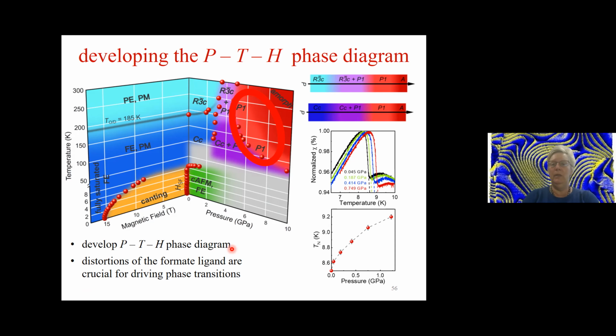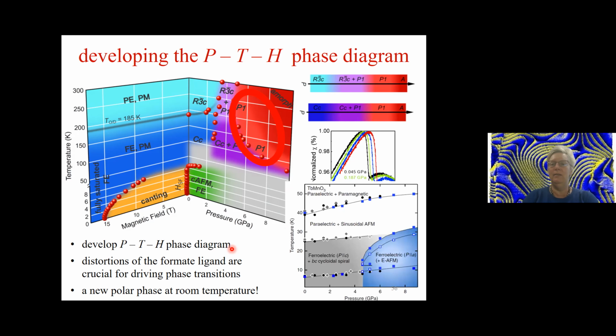But it really is quite interesting that terbium manganese oxide hosts a very similar sort of thing. But this result, you'll notice, is at 20 Kelvin. Ours is at room temperature. Right?